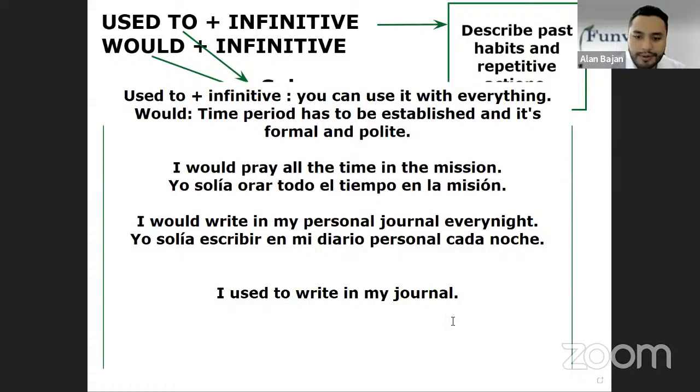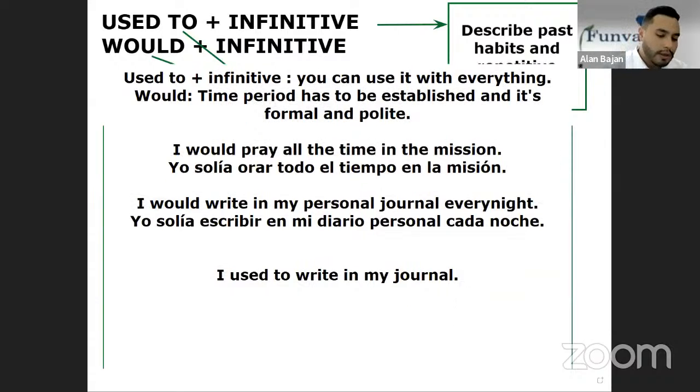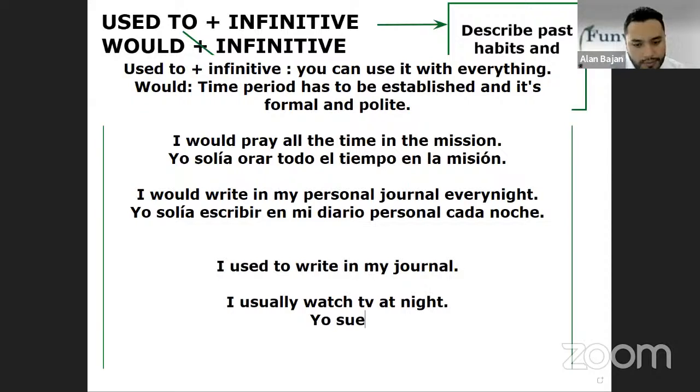For example, here, I usually watch TV at night. That's one of the translations.